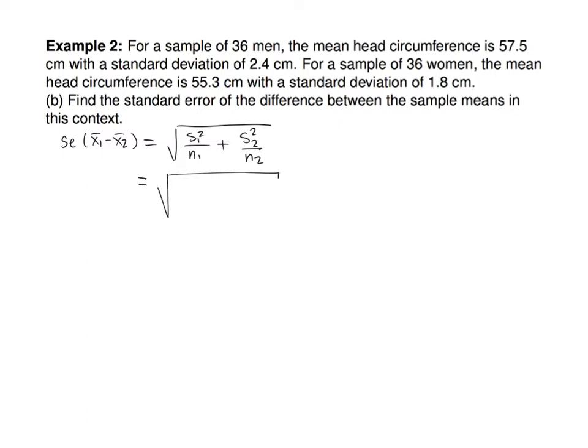Okay, s1, the sample standard deviation for the men, was 2.4 over n1, which was 36, plus the sample standard deviation for women's head circumference, which was 1.8, squared over 36. And make sure that your calculator will give you this as well. I got this as about 0.5.